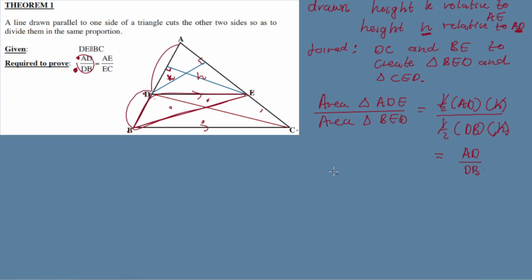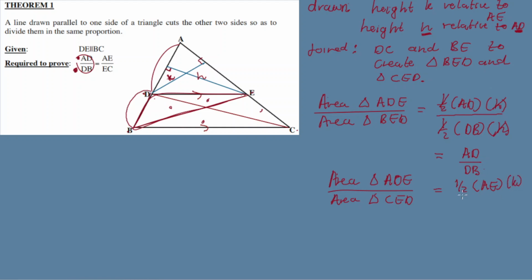So the area of triangle ADE divided by the area of triangle CED. This is equal to half. What's the base? Our base will be AE because I want the value AE, times what's the height again this time? The height will be K now, because K is the height relative to AE.